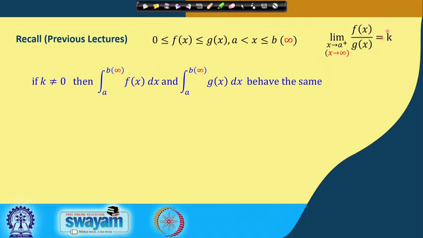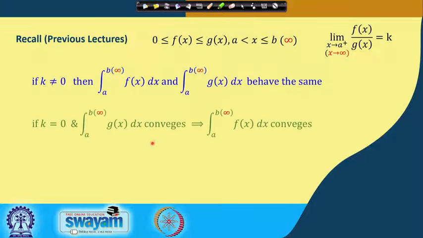So, based on this limit, if this k comes to be a non-zero number, in that case both the integrals, the integral from a to b or a to infinity of f(x) dx and the other one from a to b or a to infinity of g(x) dx, they both will behave the same.